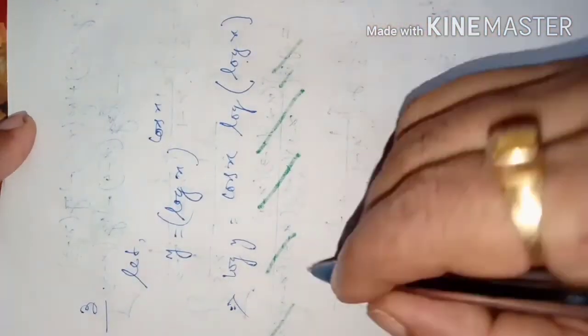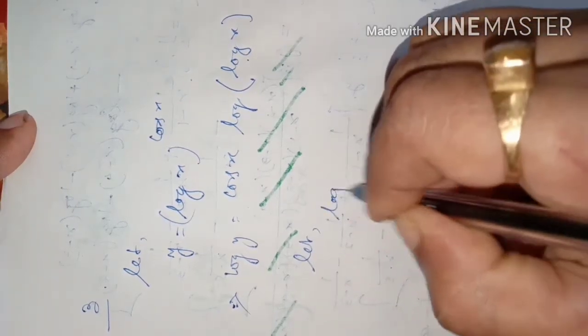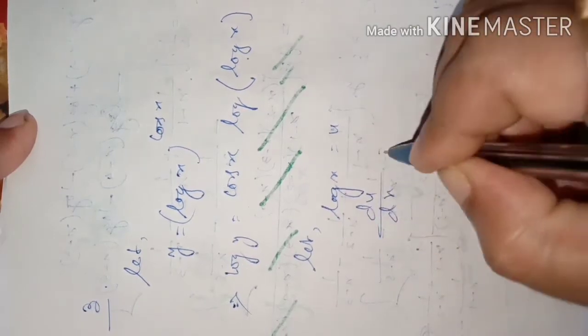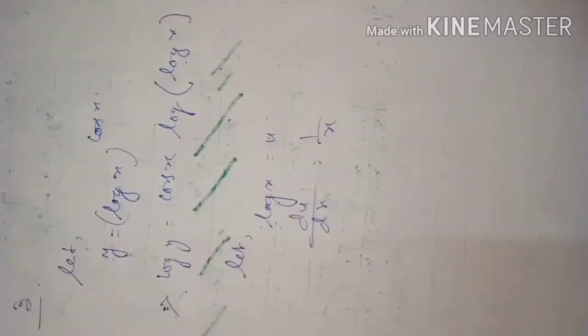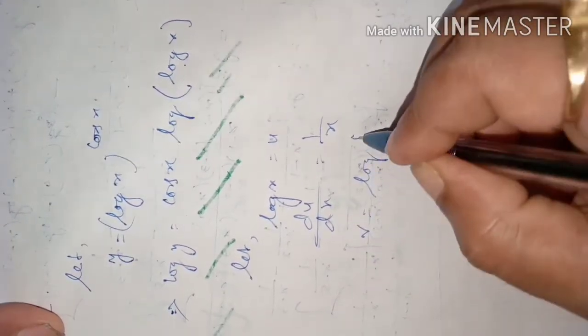Let us consider this log x as u, suppose. Let's say log x is equal to u, then du by dx will be equal to 1 by x. Then let v be equal to log of log x.